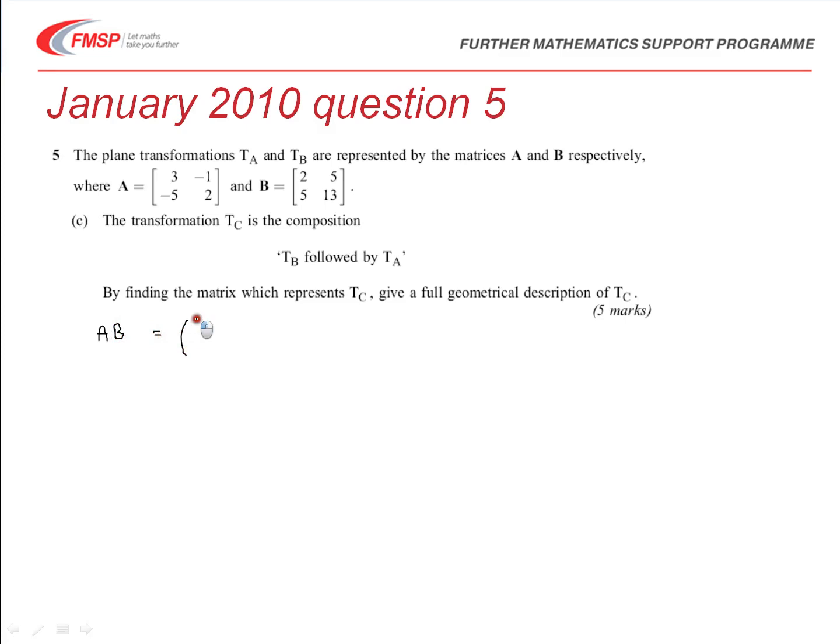So we've then got the 3, -1, -5, 2, and B is the matrix 2, 5, 5, 13. So now we've got to multiply those together.